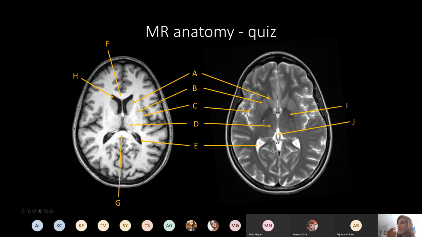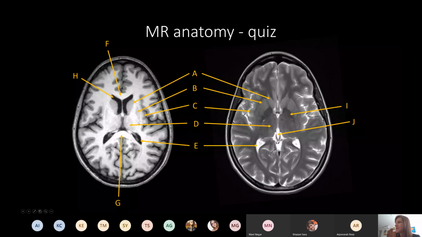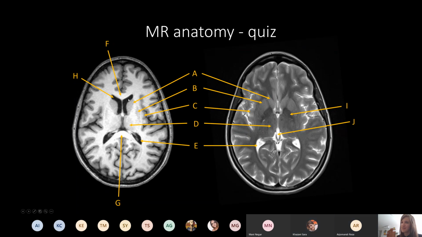Nice. A, again. Caudate nucleus. Yes. B. Yes. C. Insula. Yes. D. Thalamus. E. Inferior corner of the lateral ventricle. F. Corpus callosum.